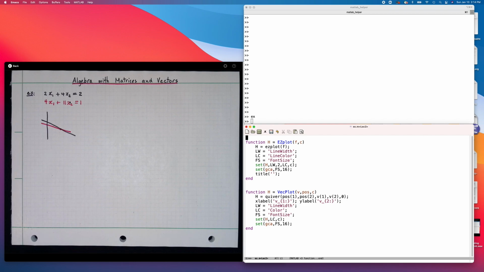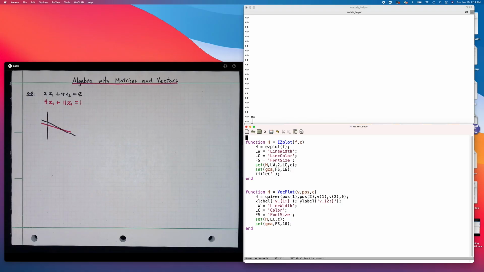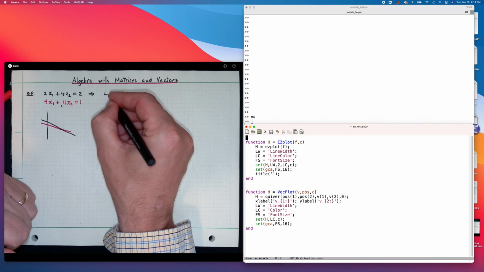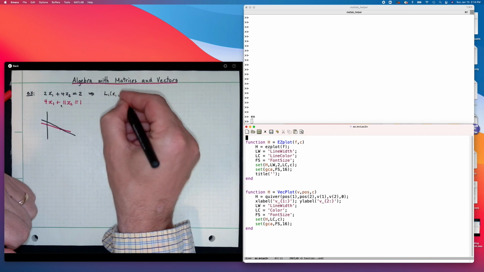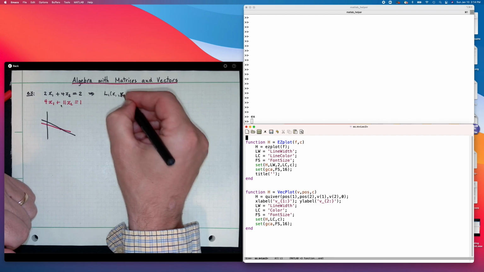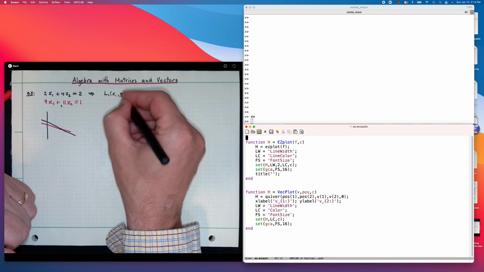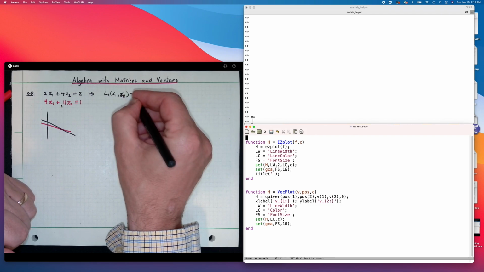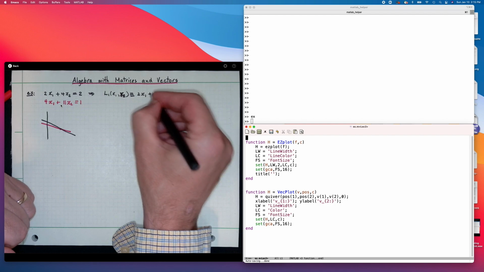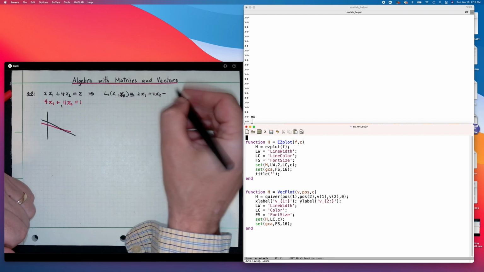We will define the two equations. If I bring back what we're going to do, we rewrite the first one this way. L1 of x1, x2 is defined as 2x1 plus 4x2 minus 2.